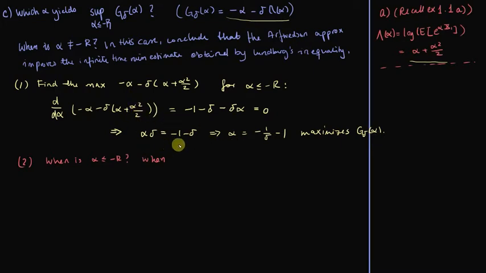Well, we have to require this to be smaller than or equal to minus r. So that means, if we multiply by a minus 1 on both sides, that it occurs when 1 over delta plus 1 is greater than r.